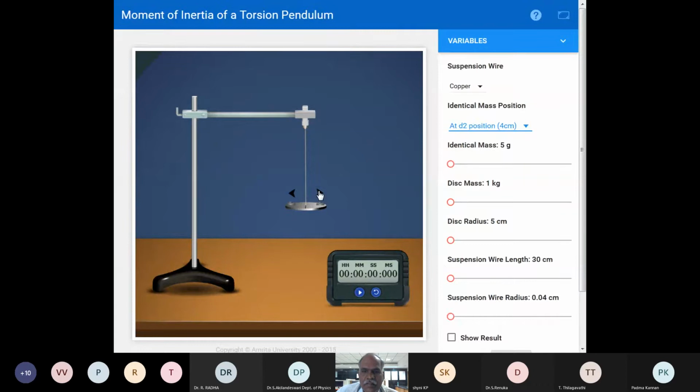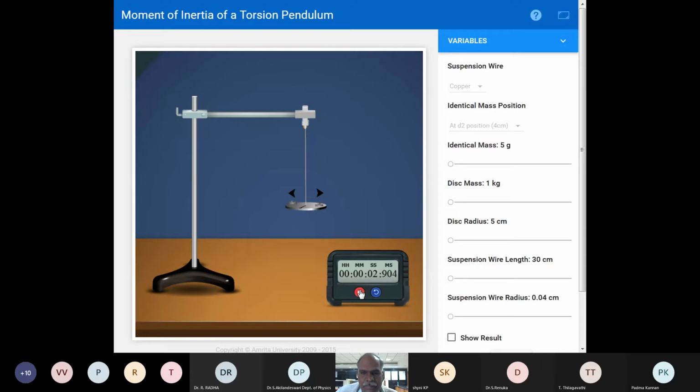So now the arrow mark is clicked, then the pendulum is oscillated, so it produced torsional oscillation. Similarly, the same procedure is repeated. So we are leaving 2 oscillations, then we are starting the counting on the clock simultaneously.